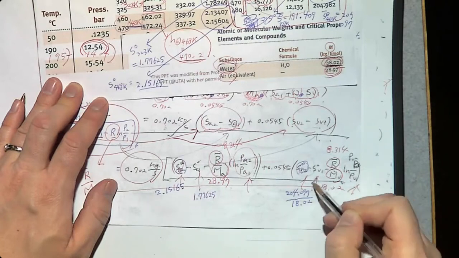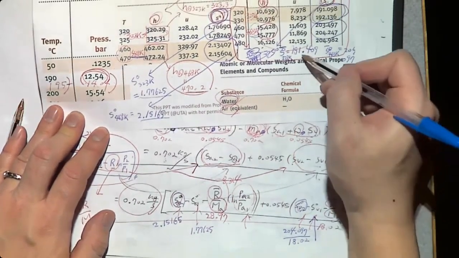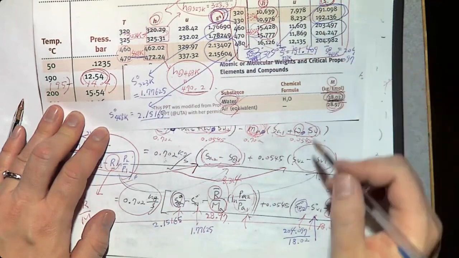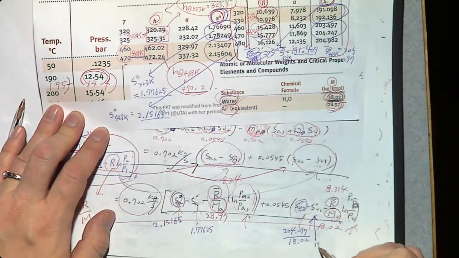We can do the same for the inlet, 191.409 divided by 18.02.